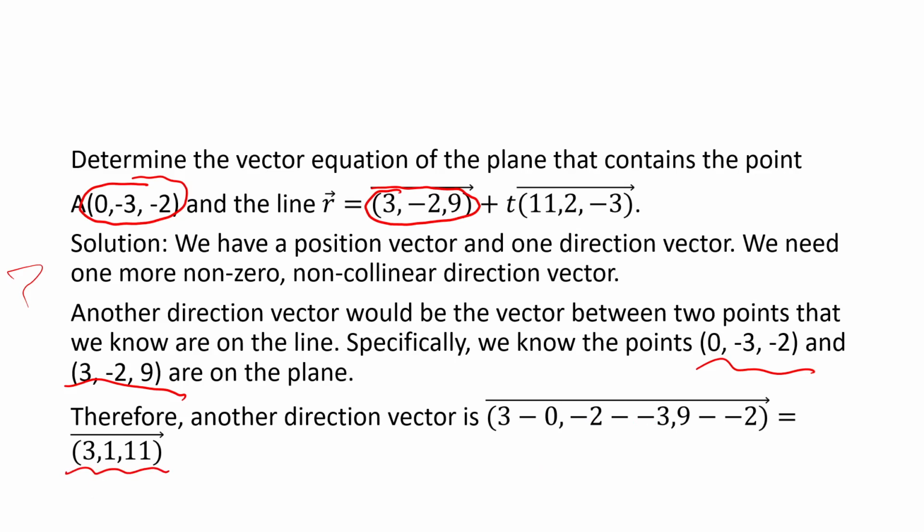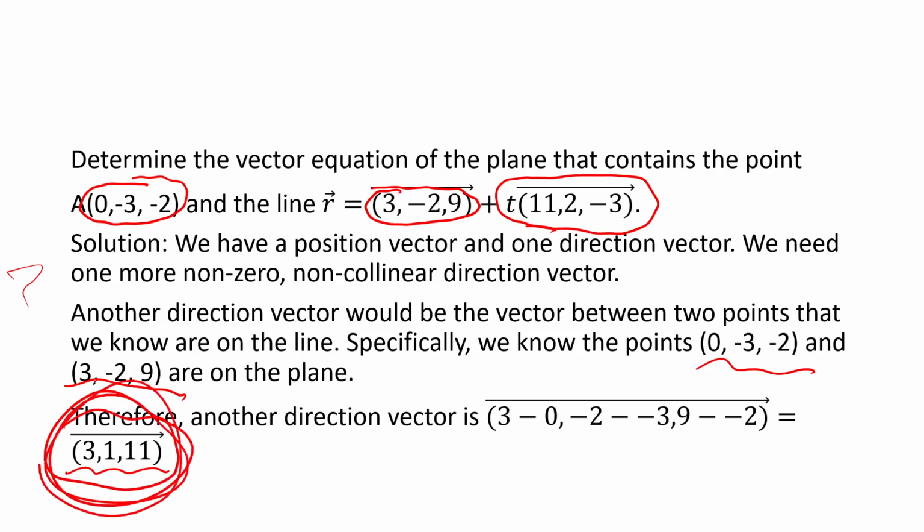But we also know that the vector 11, 2, -3 is on the plane, because if a line is on the plane, then so is that line's direction vector. So we have this direction vector of 3, 1, 11 and this direction vector of 11, 2, -3.